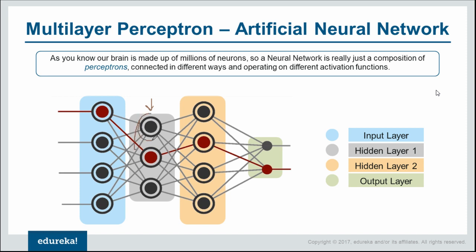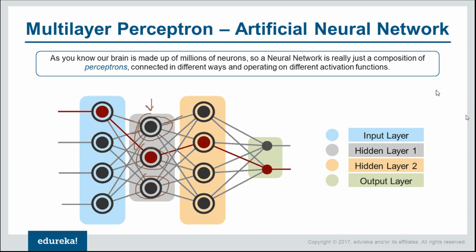You can think this is one perceptron itself, this is another perceptron itself, and this is another perceptron itself. So it takes multiple inputs, then it does processing, and then it passes those as input to the different neurons in the next layer. Then it does some processing over it and passes it finally to the output layer, and then the outputs are generated here.